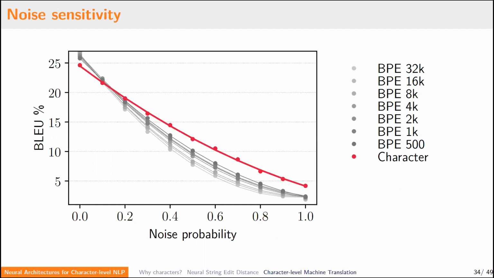And the only positive property of the character models that we observed was that it's much less sensitive to source side noise. So if we sample synthetic noise to the source sentences and measure how the translation quality drops, the character level models are not that affected as the subword models.